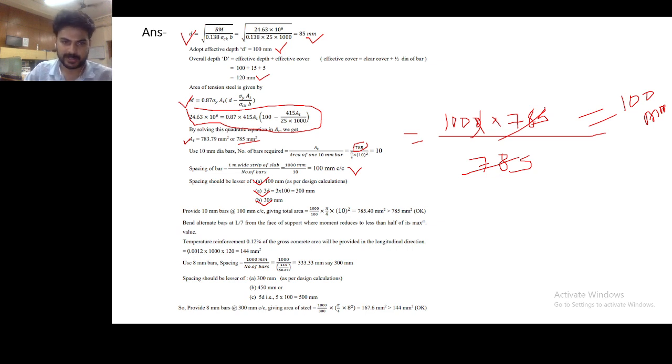Now we have to see for secondary reinforcement. Secondary reinforcement we already know we give 0.2%. So directly, but there we consider the total D, not small d. This is the larger D, capital D, not small d.